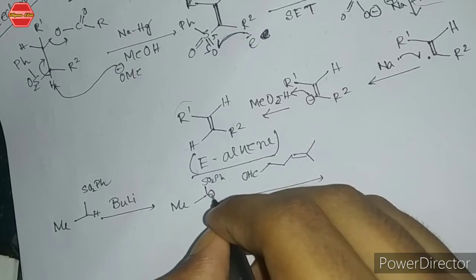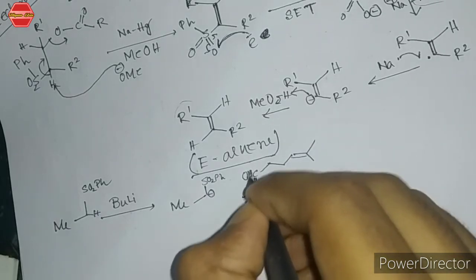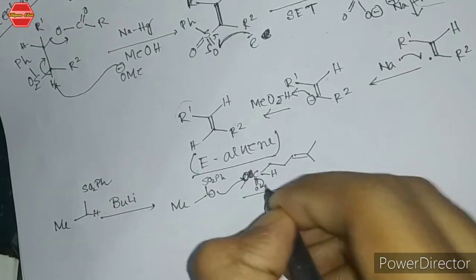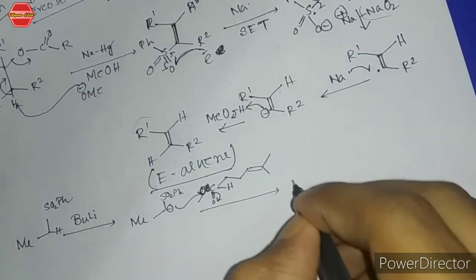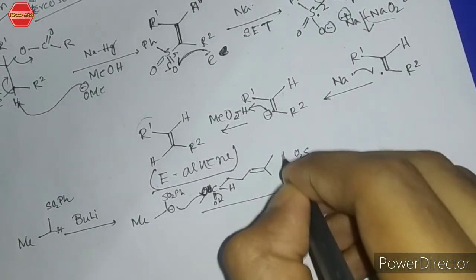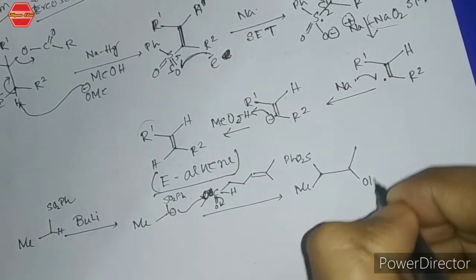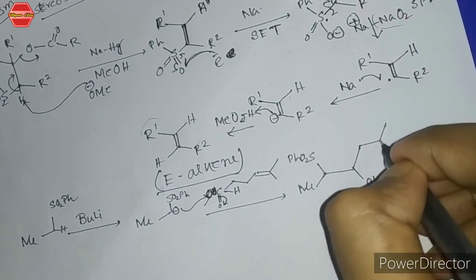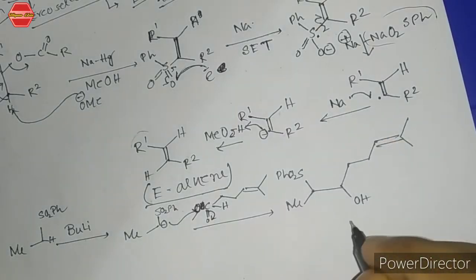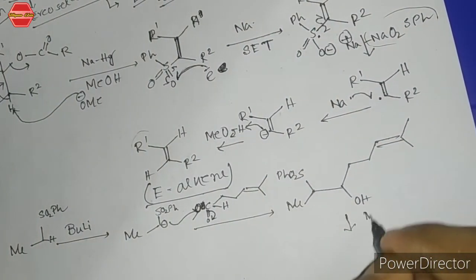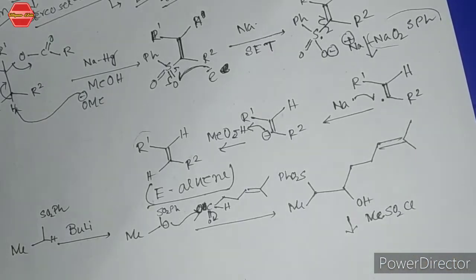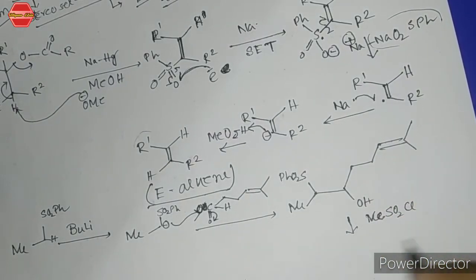So what it can do: this negative charge attacks on this, I'm writing this way, attack, and after that SO2Ph, there is OH, this type of structure, and after that you are given this MeSO2Cl.